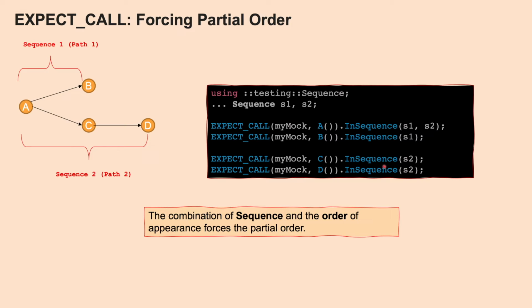The combination of the order of these expect calls and the fact that they are assigned to these sequences will enforce this order. For example, because expect call of D appeared after C and they are on the same sequence, GMock will make sure that D is happening after C, and if not, the test will fail.